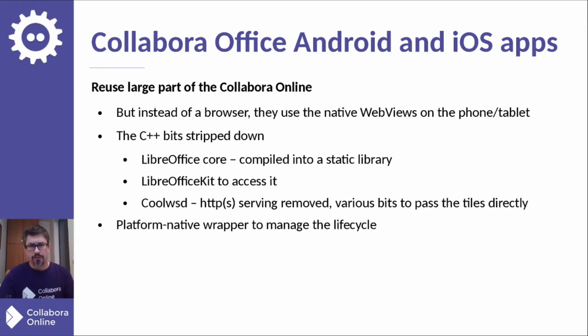Then of course the LibreOffice core has to be compiled into a static library and optimized for the use on these small devices. And on the other hand, there has to be some native wrapper to manage the life cycle. So something Java in the Android case, or Objective-C in the iOS case.